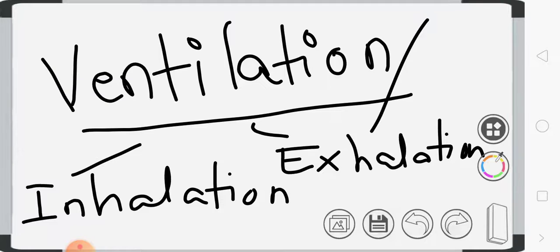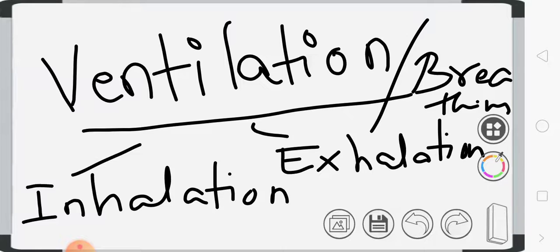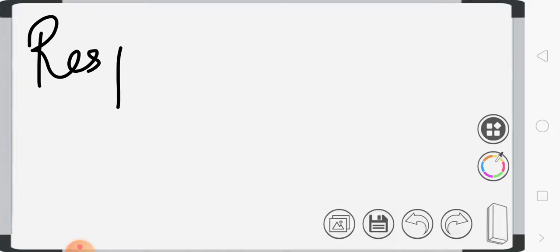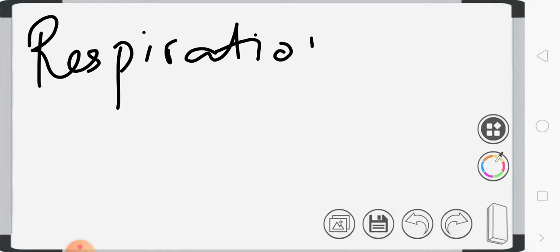Ventilation, or in simple terms breathing, comprises two processes, inhalation and exhalation. Respiration is an entirely different process, although it's a part of the respiratory system.